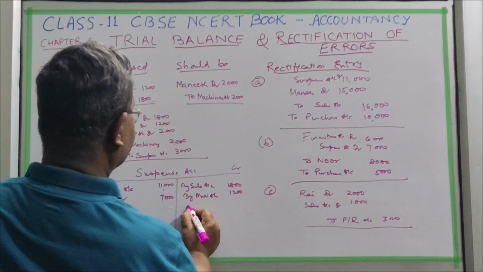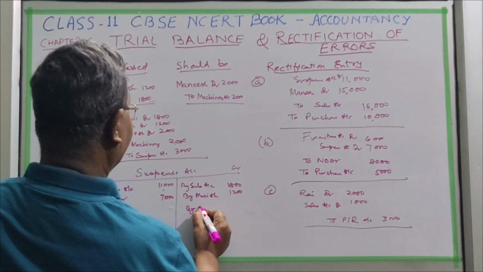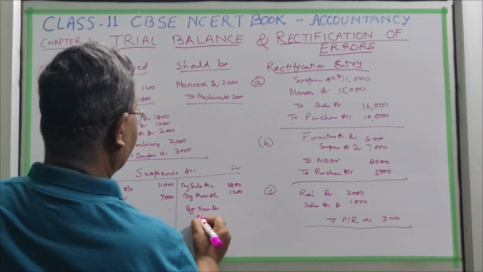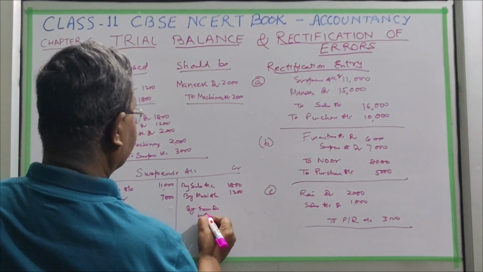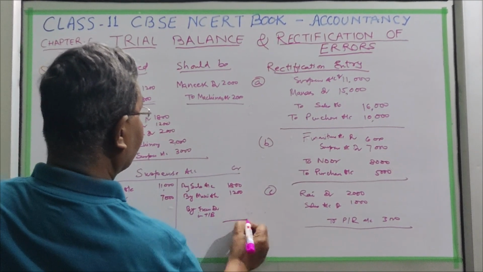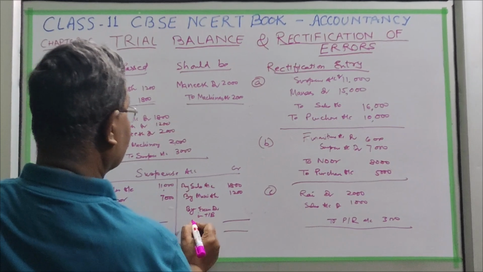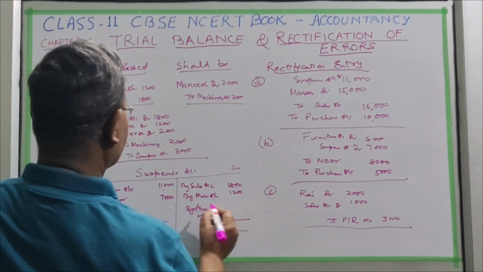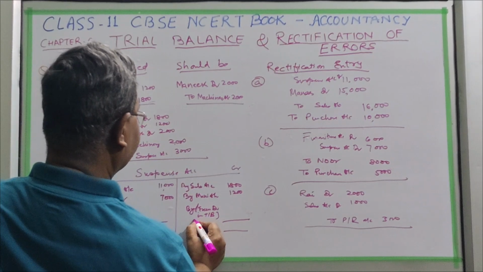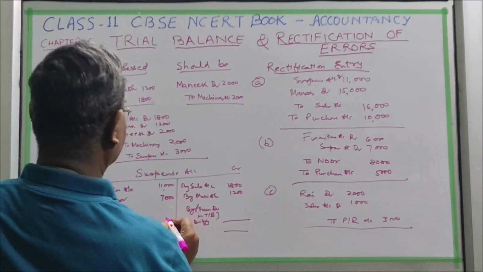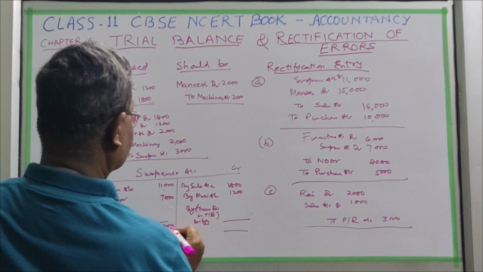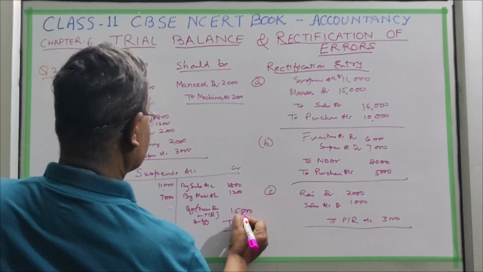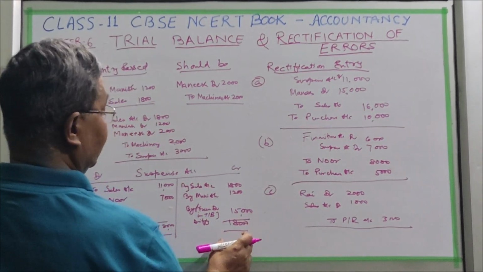So difference is coming here by excess debit and trial balance. By difference. Okay, this is your answer.